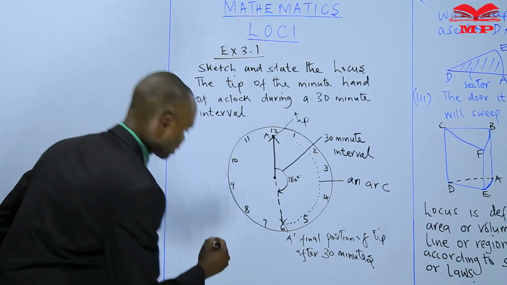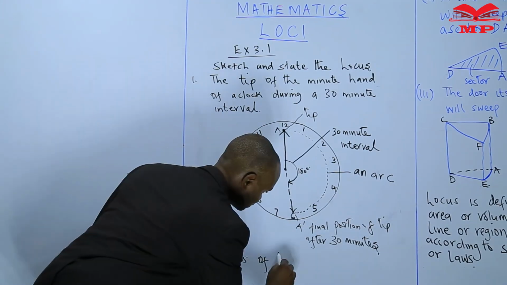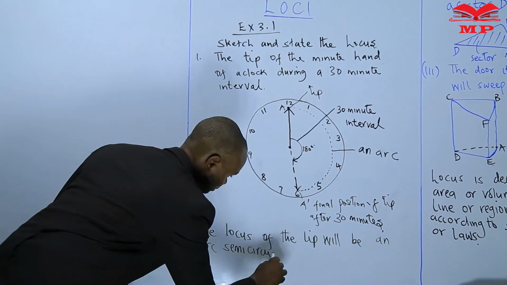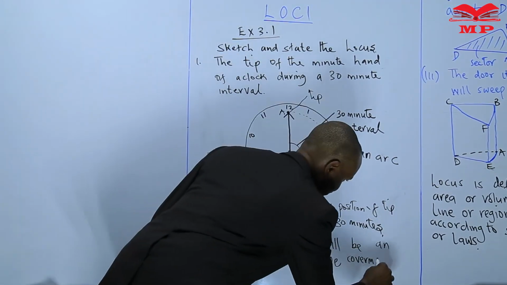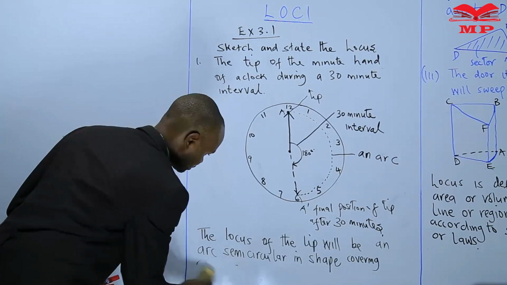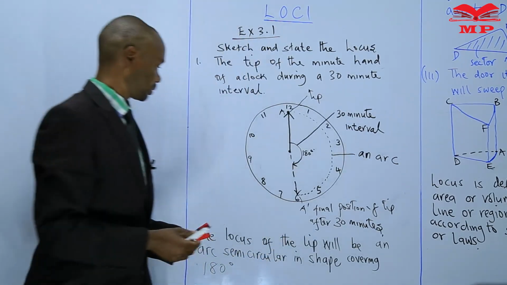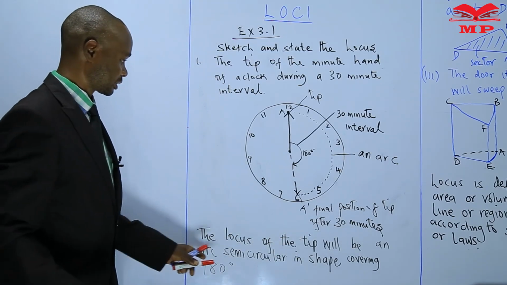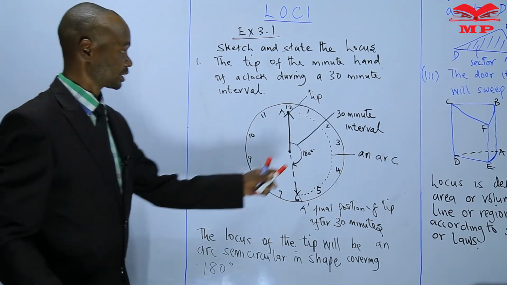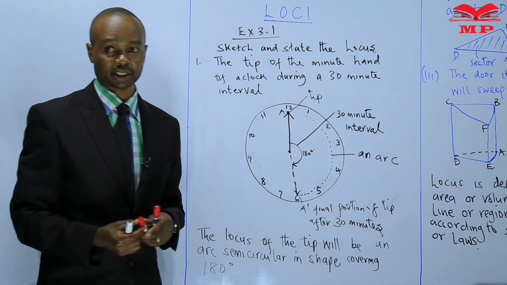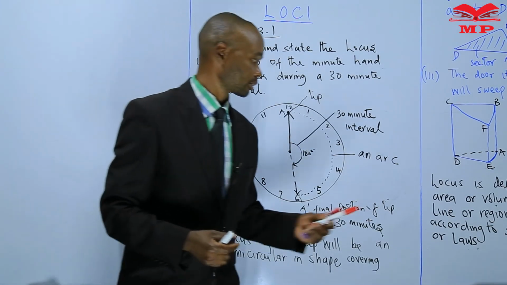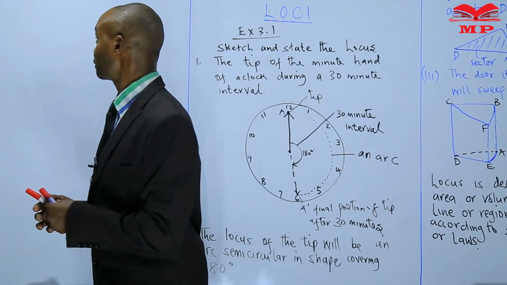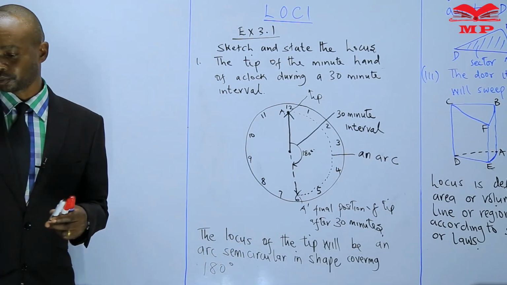So the locus of the tip will be an arc, semicircular in shape, covering 180 degrees.